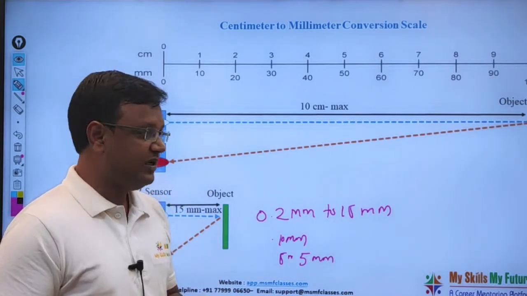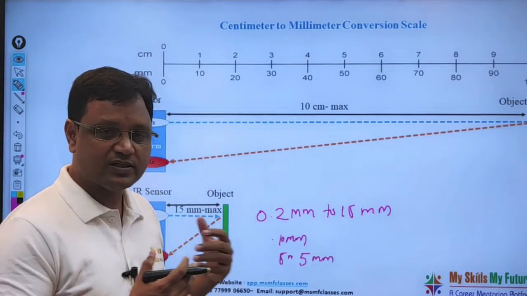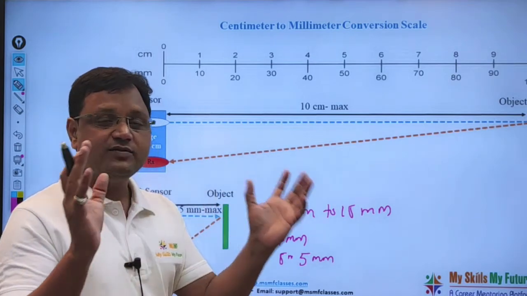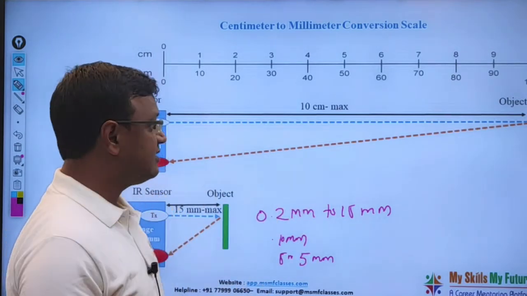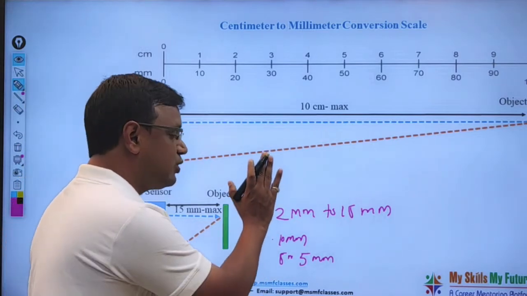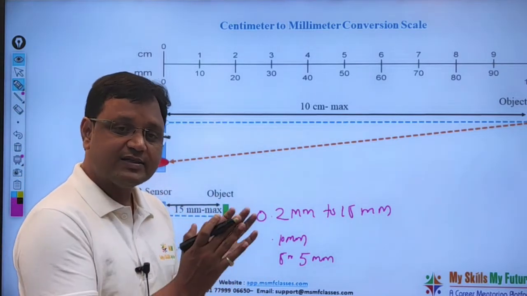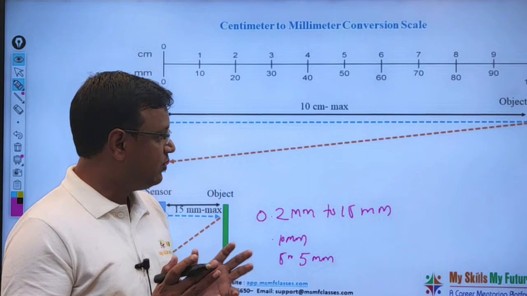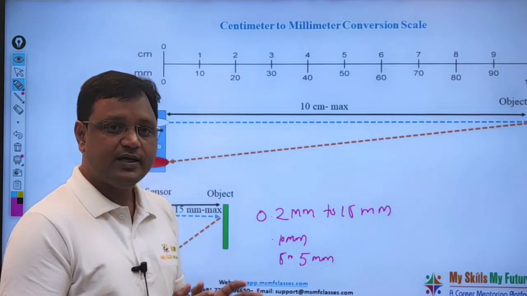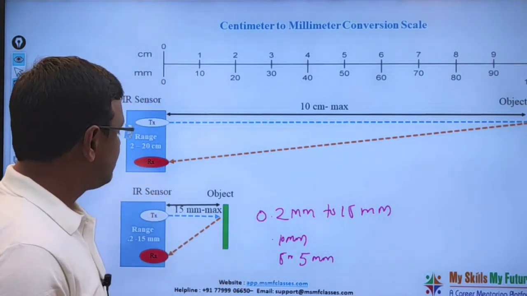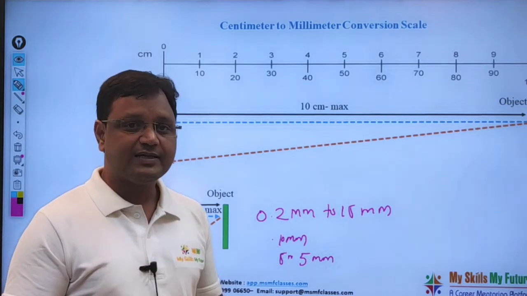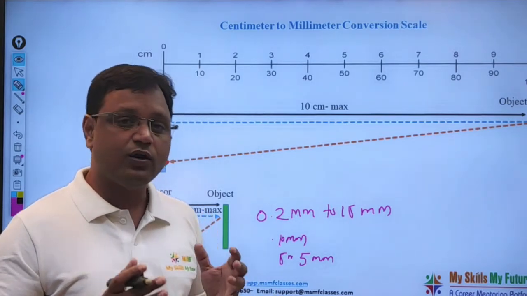And then if anybody passes by my touchless sensor, your lights will not get on unless someone specifically comes and puts a hand in front of the sensor, right? I hope you got the idea. So this is the concept for selecting the IR sensor for your project.